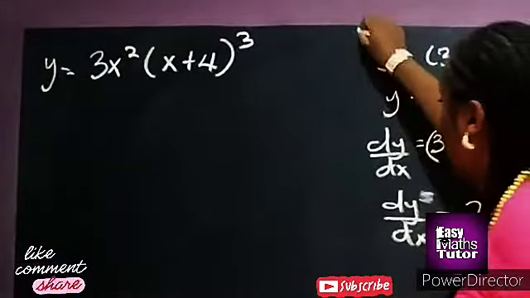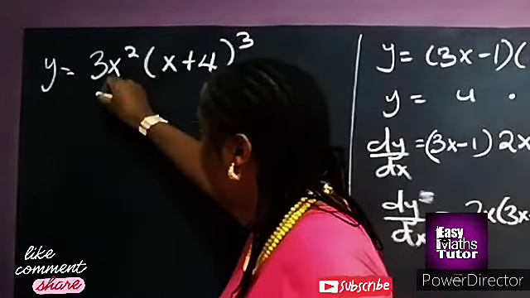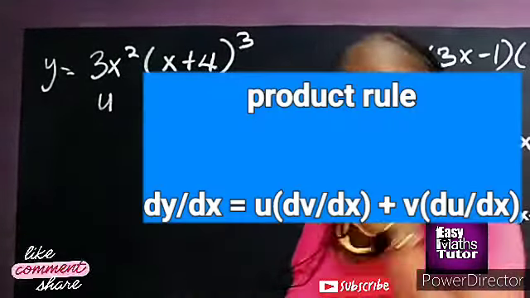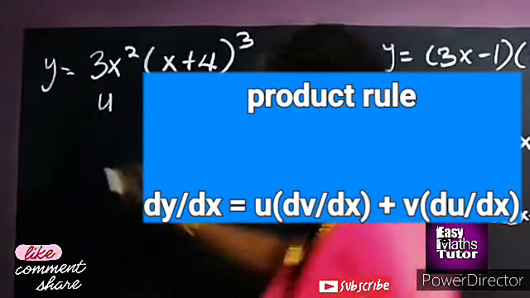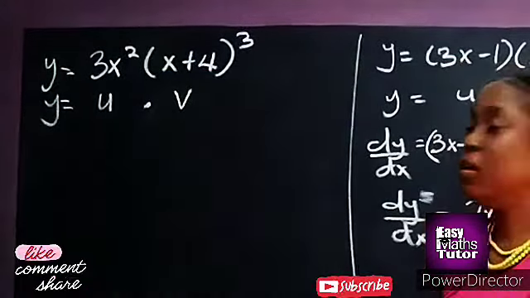So it goes like this, right? We're going to tag this a function of u and this a function of v, right? So y becomes a function of u and v.